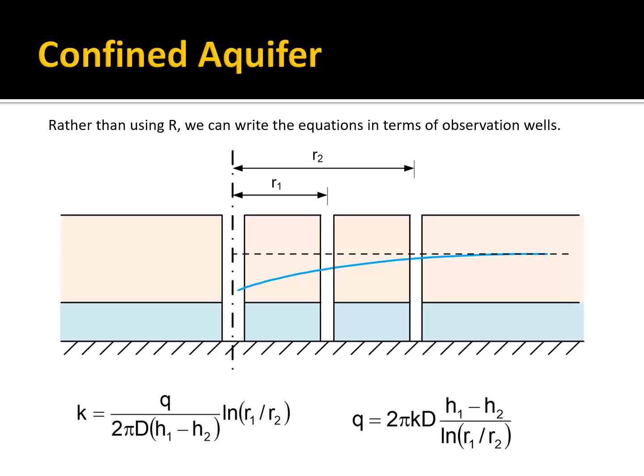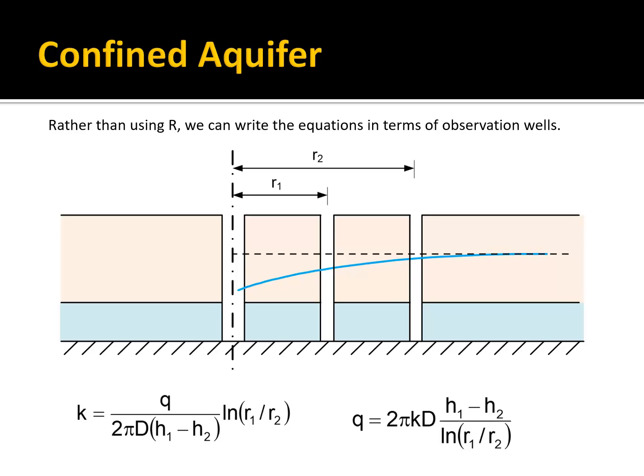Now, if you're a little nervous about that radius of influence, you don't trust it, if you happen to have two monitoring wells at two different distances away from the well, R1 and R2, and if you know the head in each of those monitoring wells, so you have H1 and H2, you can plug those values in at boundary conditions, and away you go.